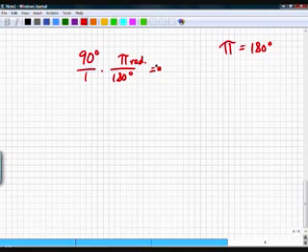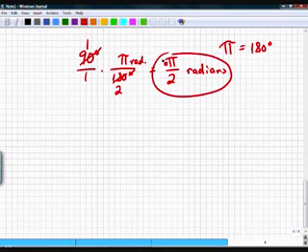This is easy. The reason we do that: pi and 180 are the exact same thing, correct? So what are you technically multiplying by? 1. So it's legal. The degrees cancel. 90 and 180 cross cancel, giving you a 1 and a 2. So on top you're left with pi, and on the bottom 2. That is pi over 2 radians.